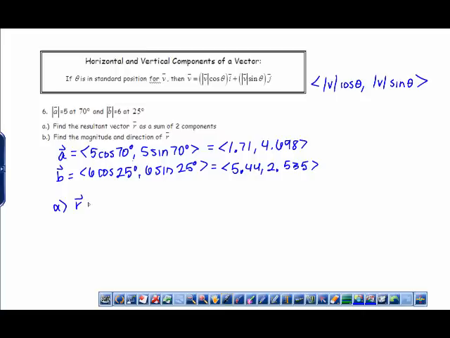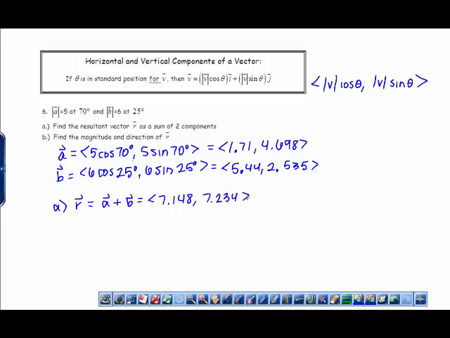Now remember, the resultant vector is going to be vector A plus vector B. Now you didn't have to actually figure this out into decimals in order to do this problem. What we could have done is just typed in 5 cosine 70 plus 6 cosine 25 to get that new horizontal component. And again, you could have just added these two decimals, and that would give you your vertical component.